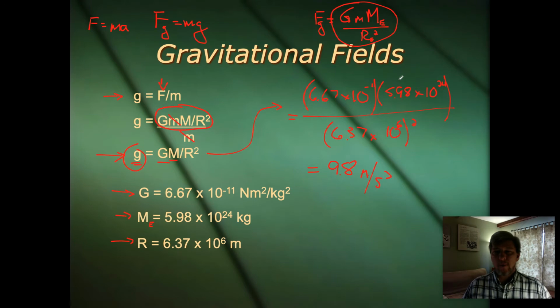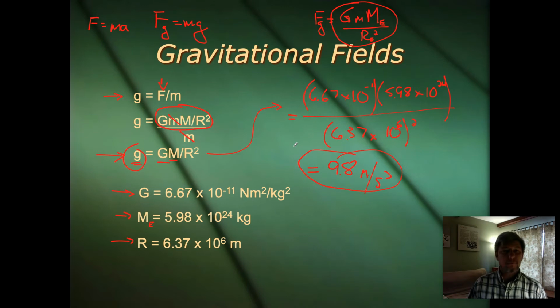I plugged in the mass of the Earth and the radius of the Earth, and that is the acceleration of gravity. And so that's why every object on Earth, whether it's a person, a baseball, a pencil, a coffee cup, all accelerate toward the ground with the same acceleration, 9.8 meters per second squared.